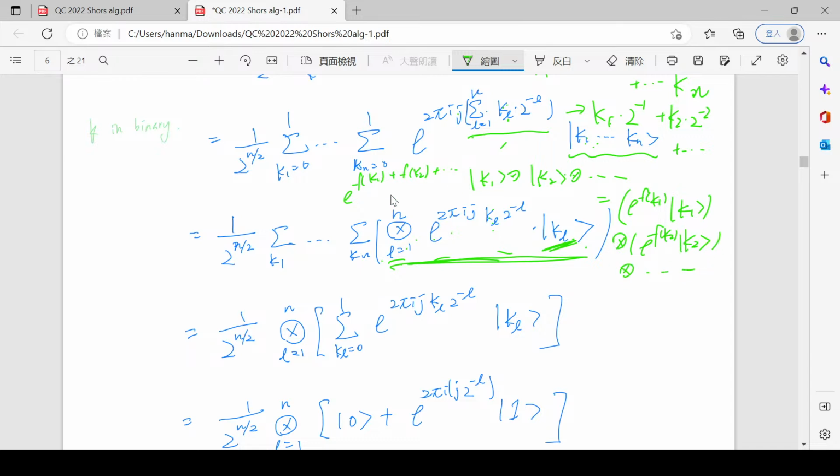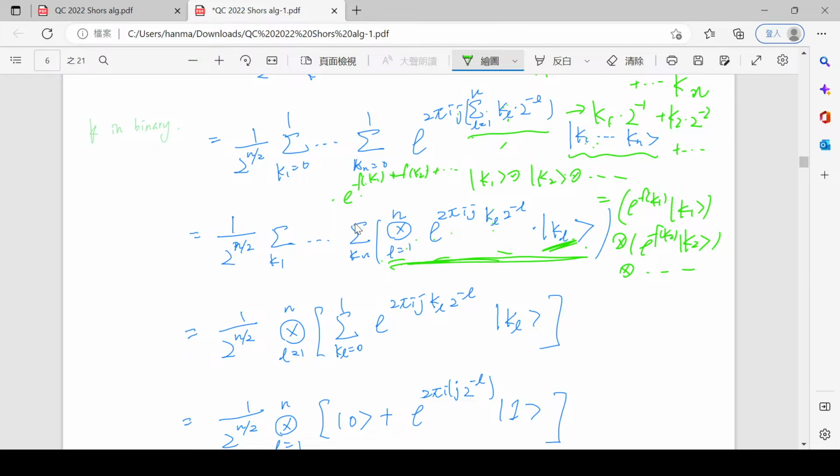So we are really doing nothing. When you have a tensor product, you can have the multiplying factor multiply any of the states, and this tensor product is a product, so it doesn't matter. Okay, so this is the only thing we are doing: breaking up this summation in the exponent into a product.